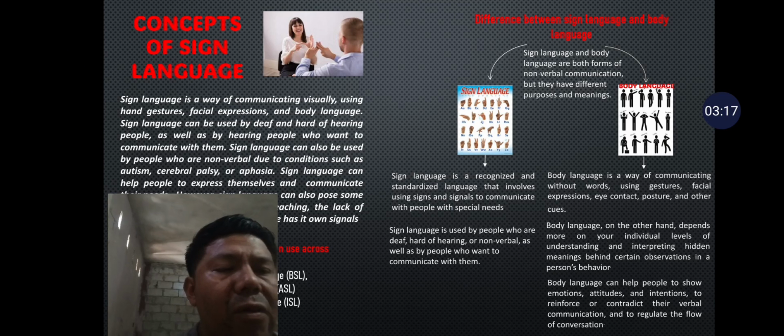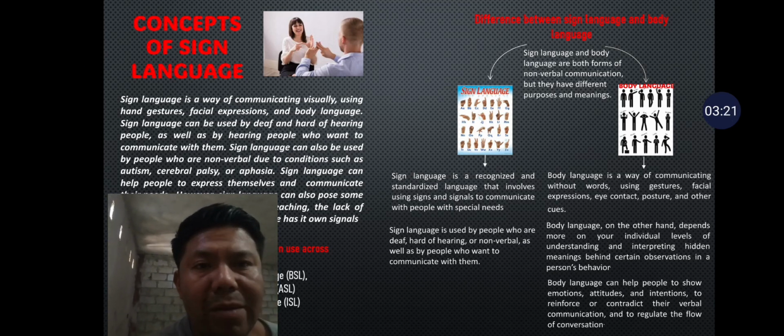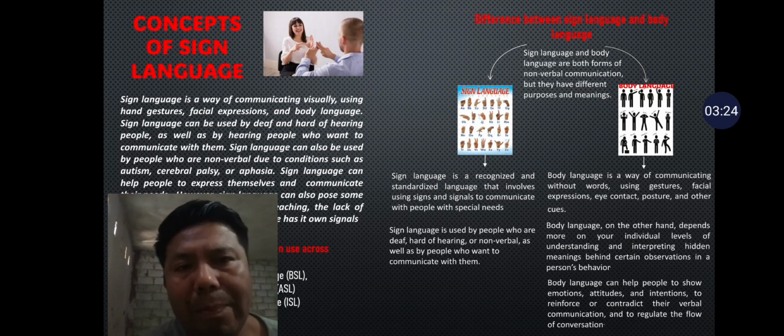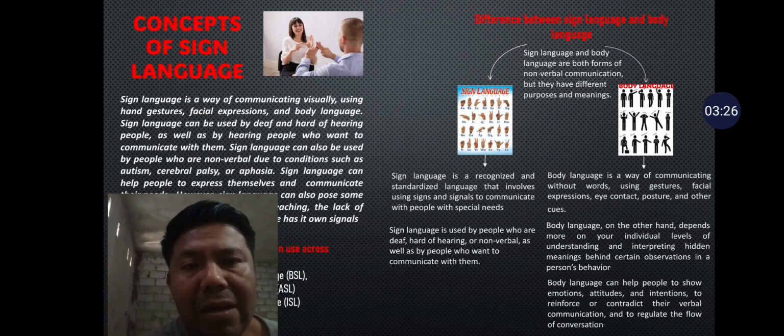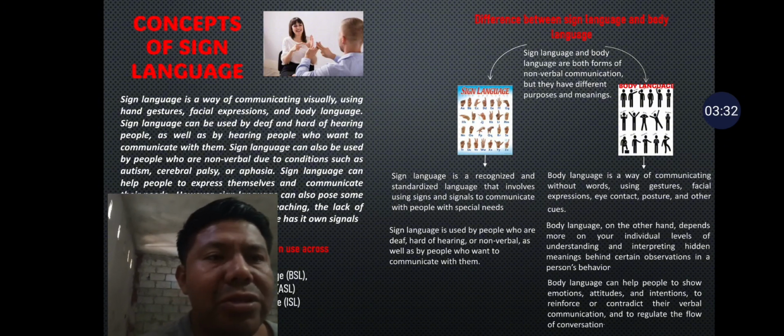As we know, body language can be used by normal people, and by people who have a certain kind of problem, for example, autism or a problem with the auditory system.